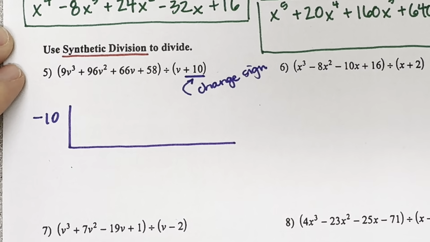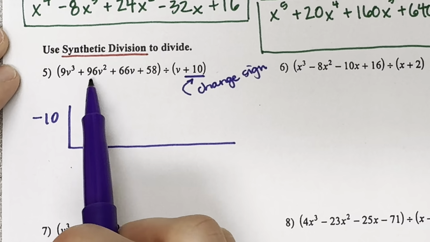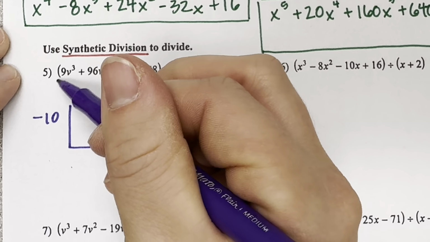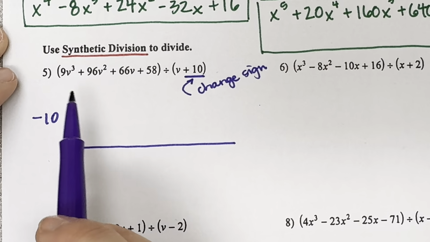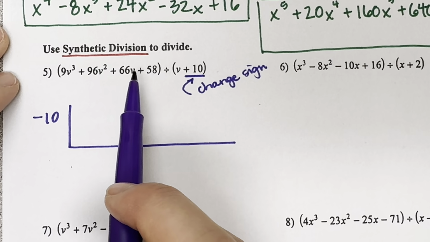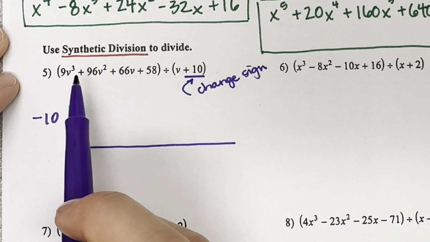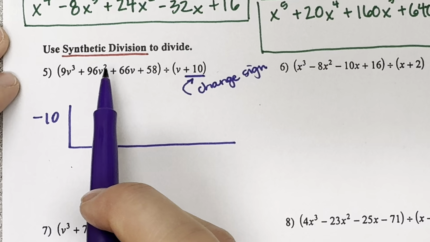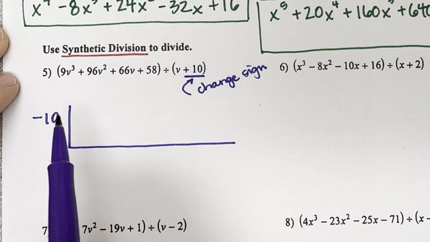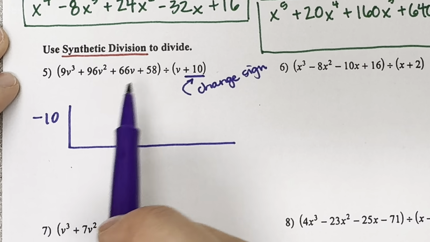Now I give myself my little division symbol. The next thing I do is grab the coefficients. The one thing we have to remember here is that our powers go down, in descending order, meaning 3, 2, power of 1, no v's. So we're good. We have no spaces to fill.